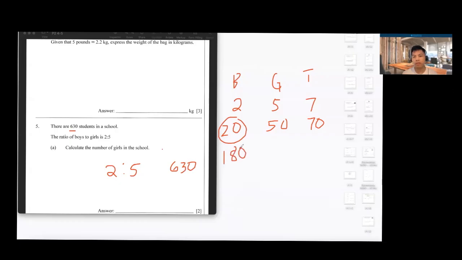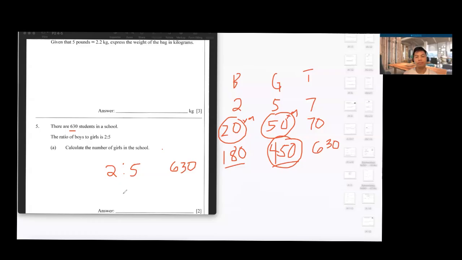I'm multiplying this by 9, so we'll get 630. 180 boys. So we multiply this by 9, there will be 450, right? So now, what's the total number of students? 630, right? Does that make sense? So the number of girls will be 450. That's one way to solve that.